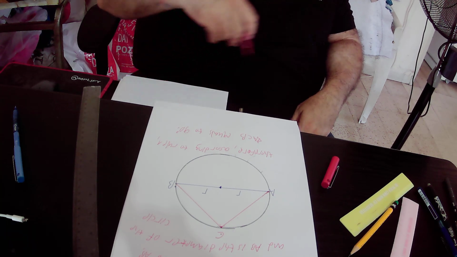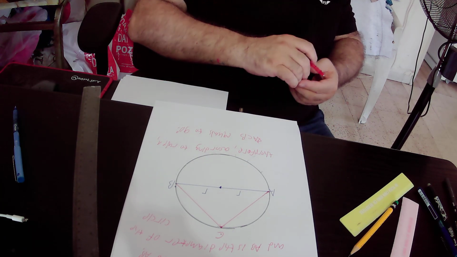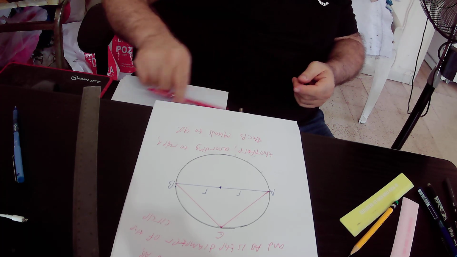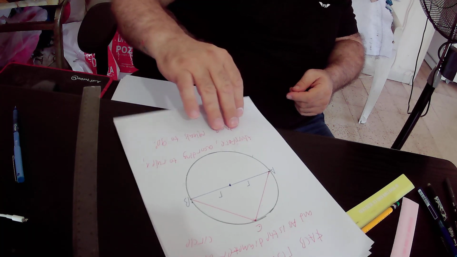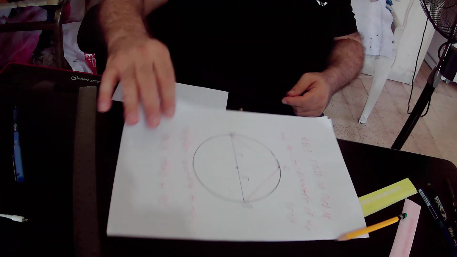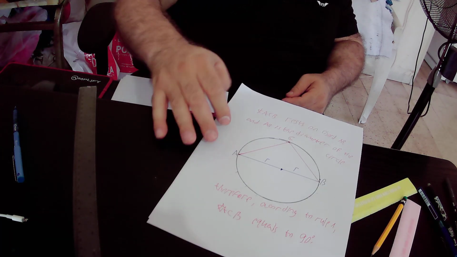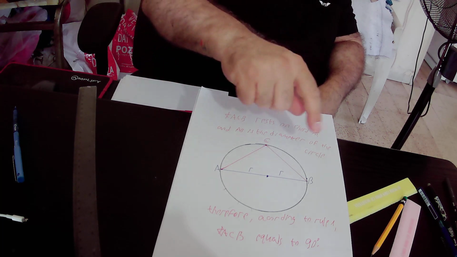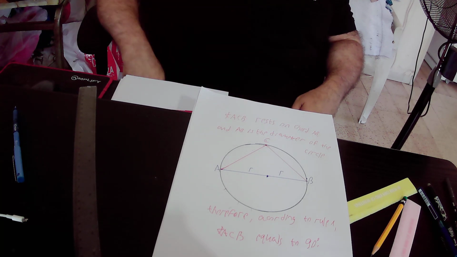I will read again what I wrote. So angle ACB rests on chord AB, and chord AB is the diameter of the circle.